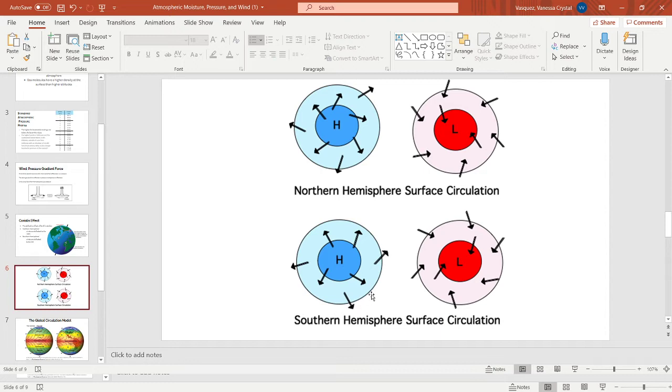So air moves counterclockwise in a high pressure system, and clockwise in a low pressure system there. In high pressure systems, the air is moving out, and in low pressure systems, the air is moving in. So again, the wind is always moving from the high to the low.